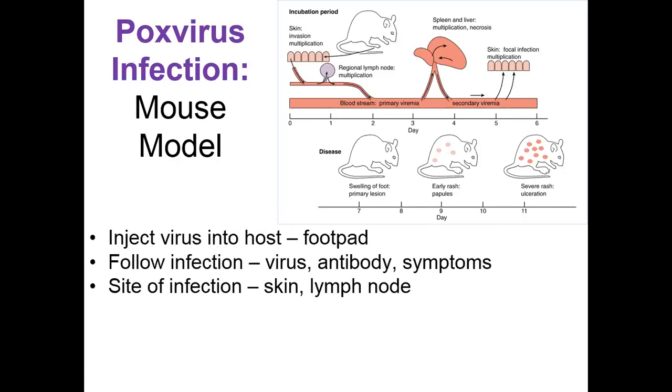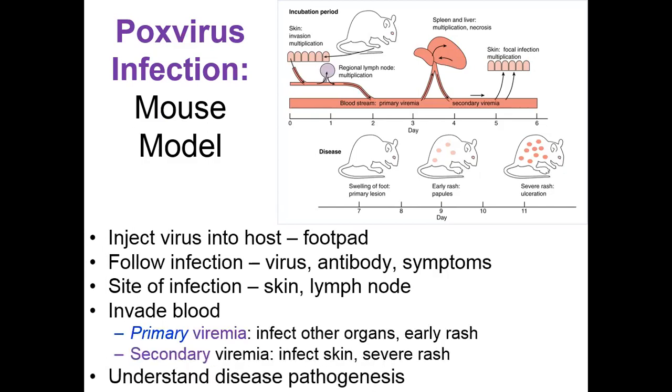So this pox virus infection has a mouse model, which serves as a very good tool to study viral pathogenesis. Initially, they inject the virus into the host through the mouse's footpad, and then we follow the infection to see what will happen.